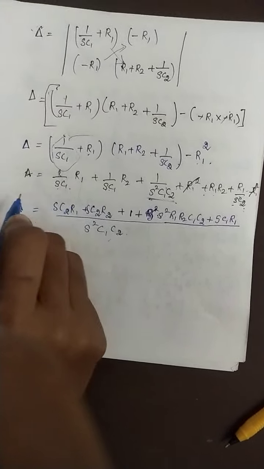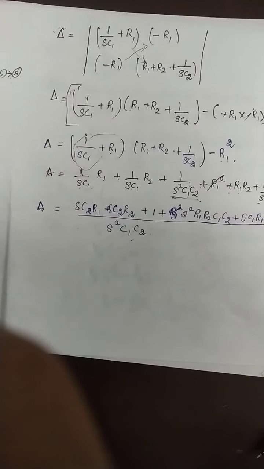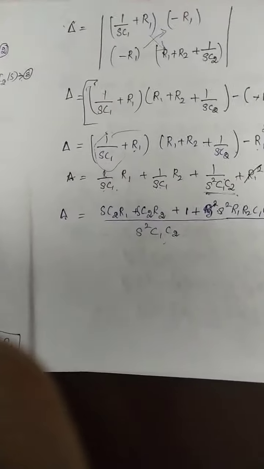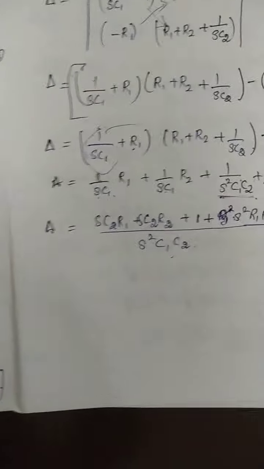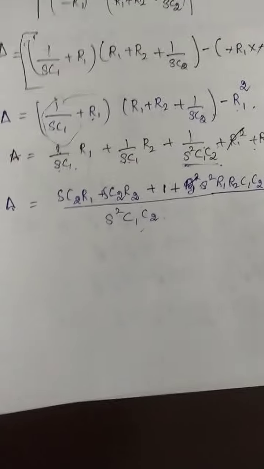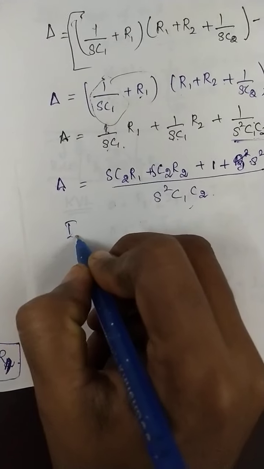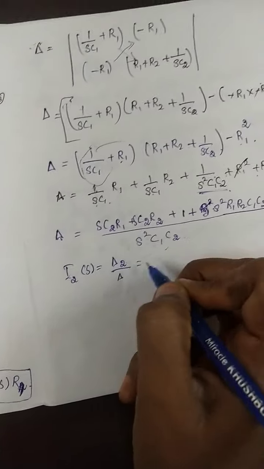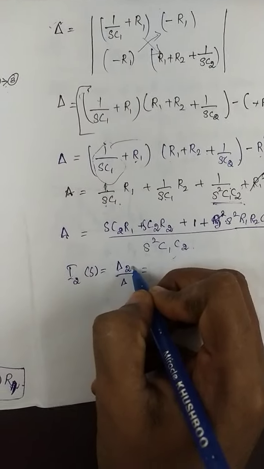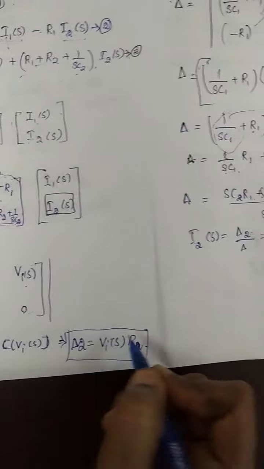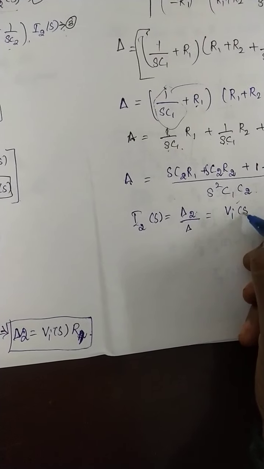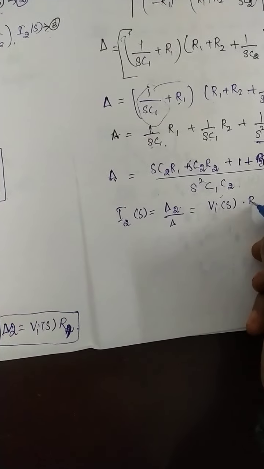So why we are finding the delta? We are finding the I2 of S. So what is that I2 of S? So I2 of S which is equal to del 2 by delta. Del 2 by delta. So what is the del 2 value here? What is the del 2 value? So Vi of S into R1.